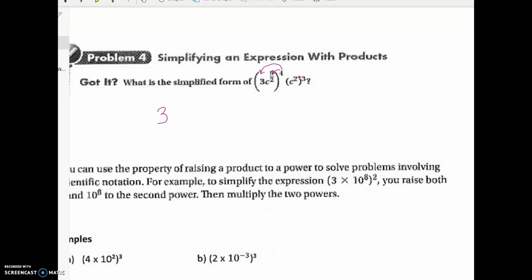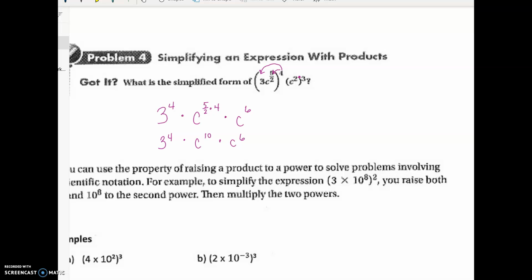So I would have 3 to the 4th power times c, and I have 5 halves already, and then I multiply that by the 4th power, times, here we can multiply these together, so c to the 6th power. And 5 halves times 4 is going to give me 10. So I have 3 to the 4th power times c to the 10th power times c to the 6th power.